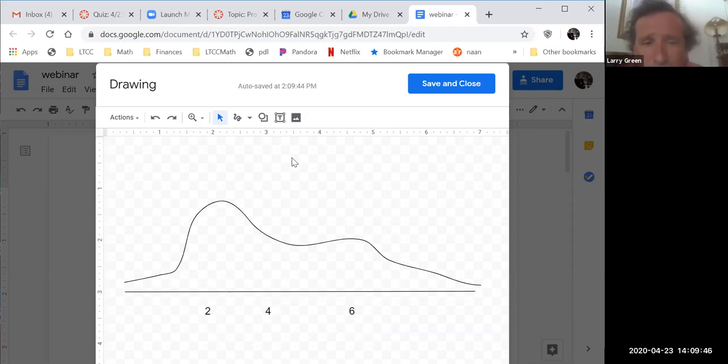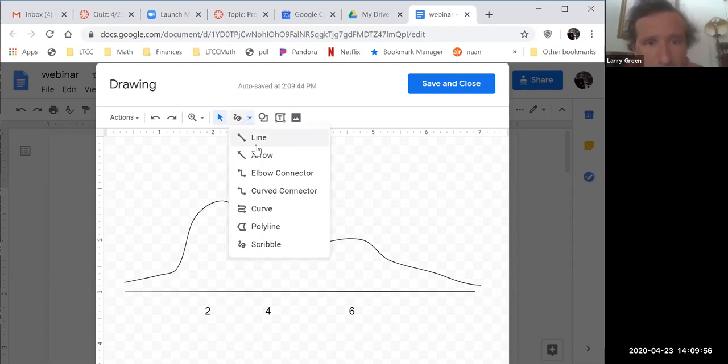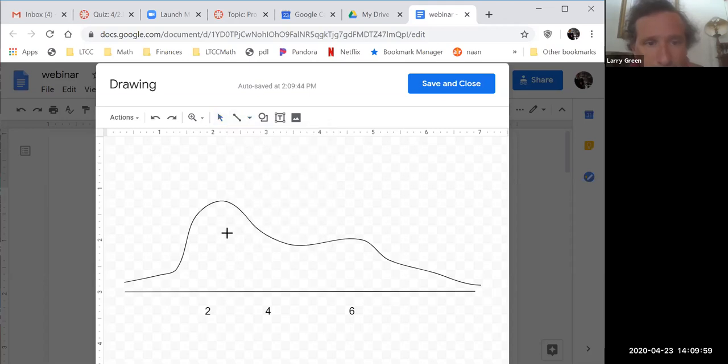And we want to find out, well, what's the probability of something being between 2 and 4? And the way you define that is the following. You start at 2, and I'm going to draw a vertical line segment up to the graph. And then I'm going to go to 4, and I'm going to draw a vertical line segment up to the graph there.